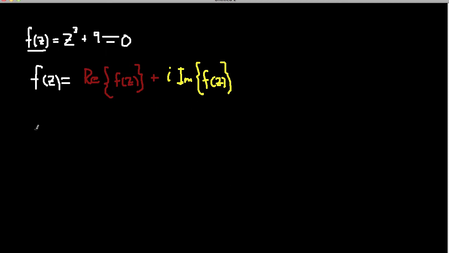In other words, I can say that the modulus of f of z equals the real part squared, whatever this real part is, plus the imaginary part squared, and then I take the square root of that.